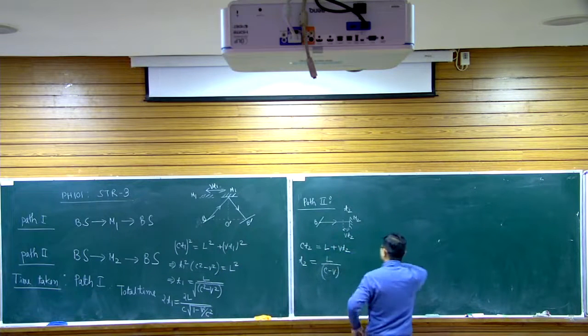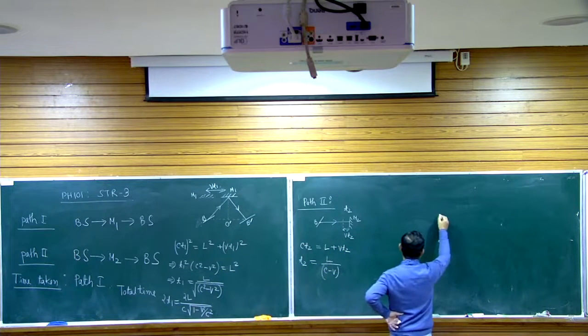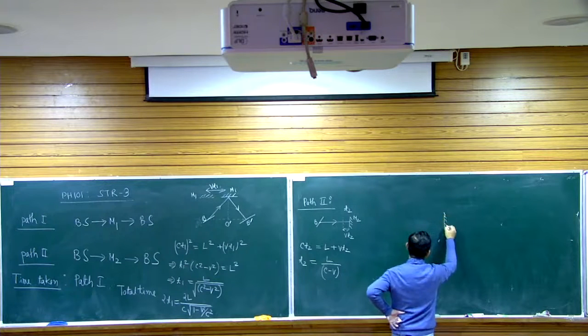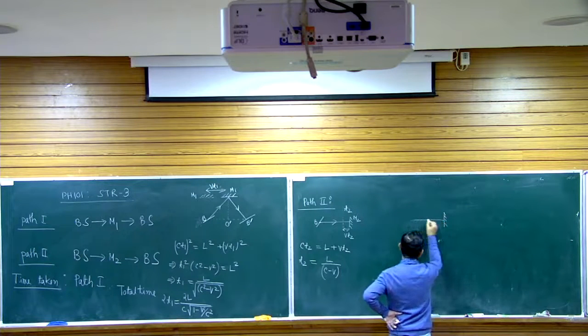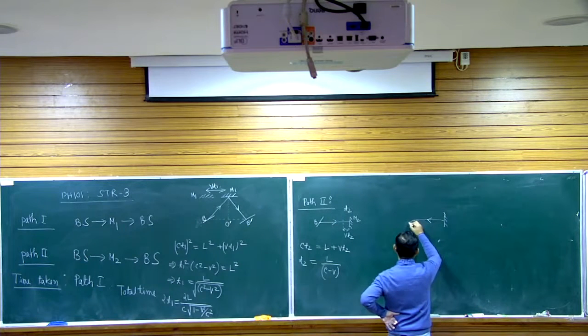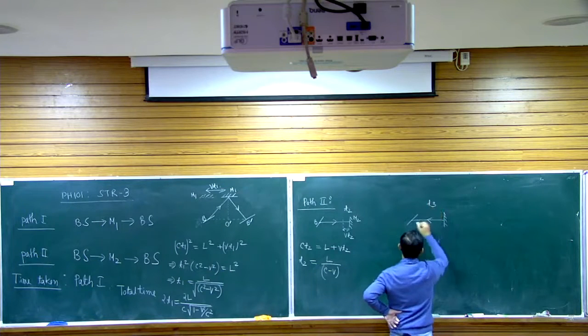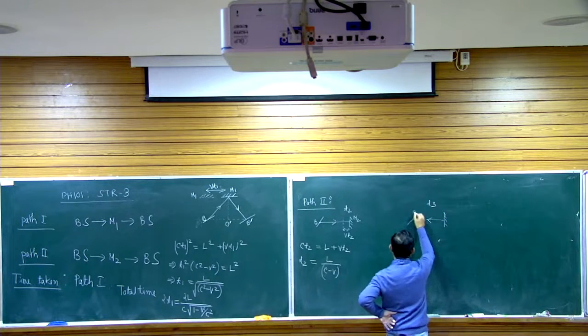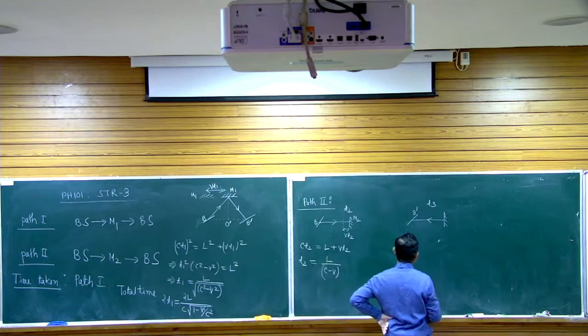Next, light after getting incident on the mirror M2 starts traveling to the left, and let's say after time T3, it has reached the half silvered mirror, which is now at, let's say, B prime.